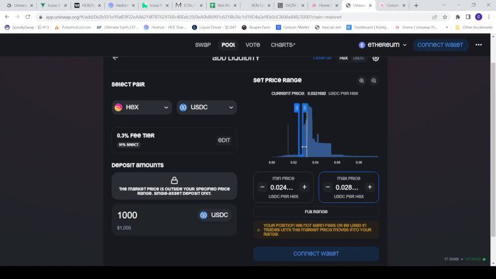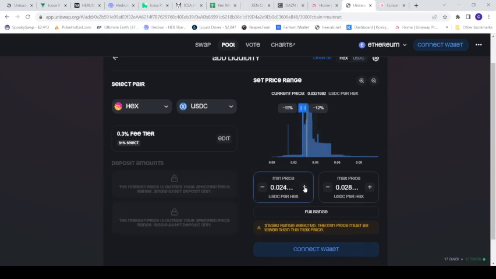And if it comes back up and moves back out of your range up this way, you've already bought your hex, sorry, and now you're basically just riding with hex, if that makes sense. And then same thing if we go to the right of it. So this is called single-sided liquidity.